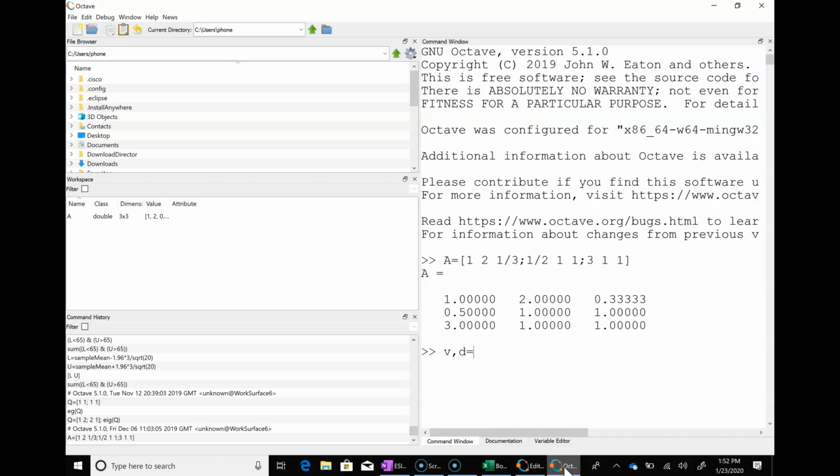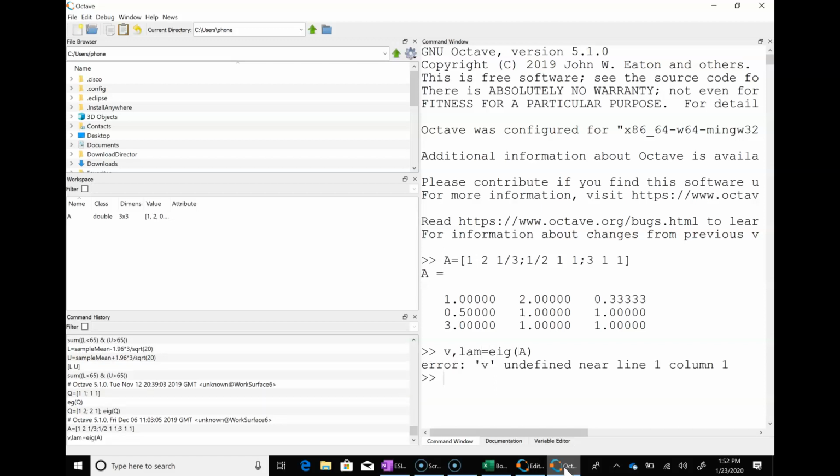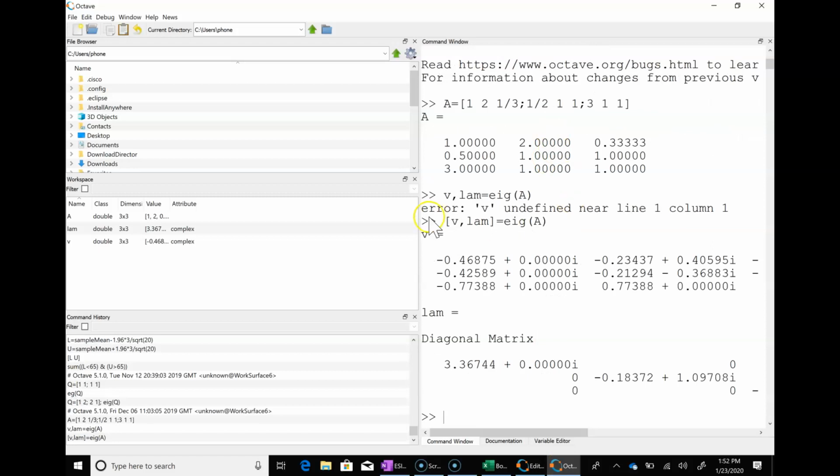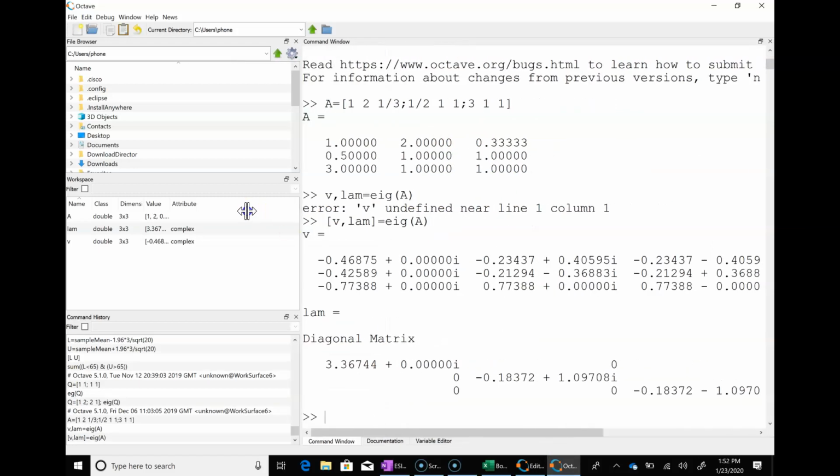For MATLAB, we can use the eig function to calculate our eigenvectors and our eigenvalues. So maybe I'll just call this lam. Okay, so this will give me the lambdas.